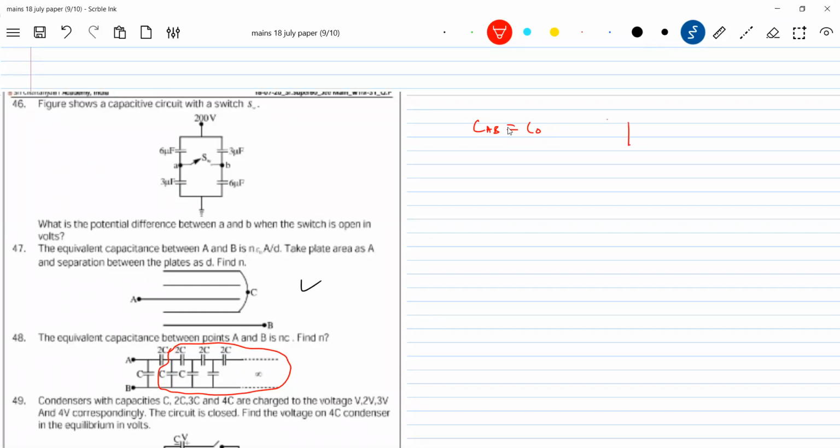So here it will be C0, C and C, and this is E. So CAB equal to C0. So substitute this, CAB is equal to this equivalent circuit equal to C0. Then solve the problem.